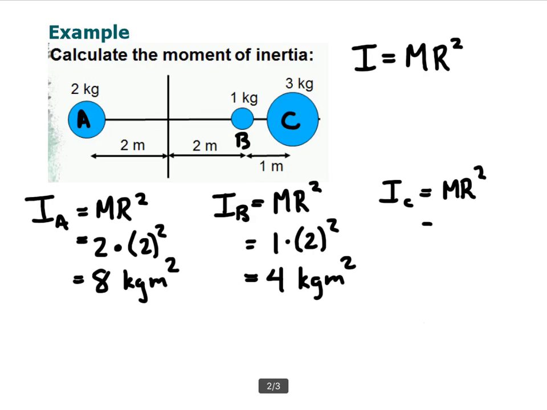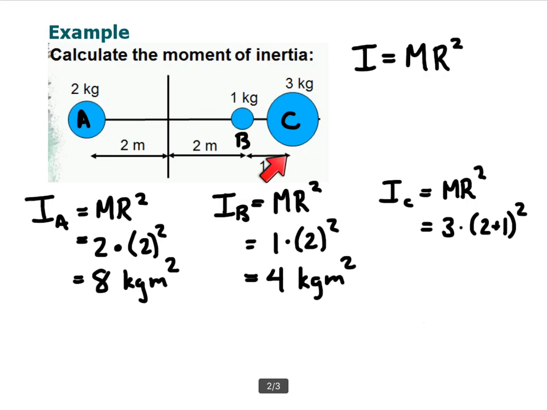This third object has a mass of 3 kilograms. Now be careful here, because remember that r is the distance from the object all the way over to the pivot. You might be very tempted to put 1 in here. So you might be tempted to say 3 times 1 squared, but that's not what I need to put in here.